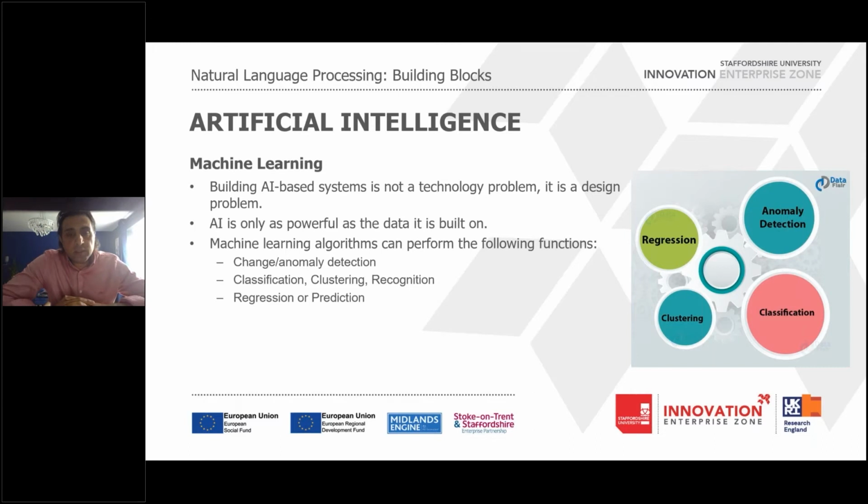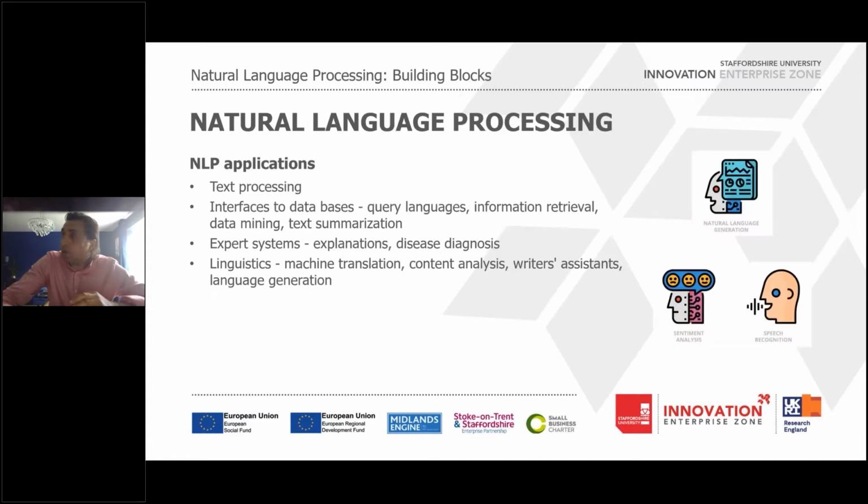Machine learning algorithms allow us to perform multiple functions, including change detection and anomaly detection, classification, clustering, recognition, and regression or prediction. But today, one of our main applications of machine learning is, of course, natural language processing.